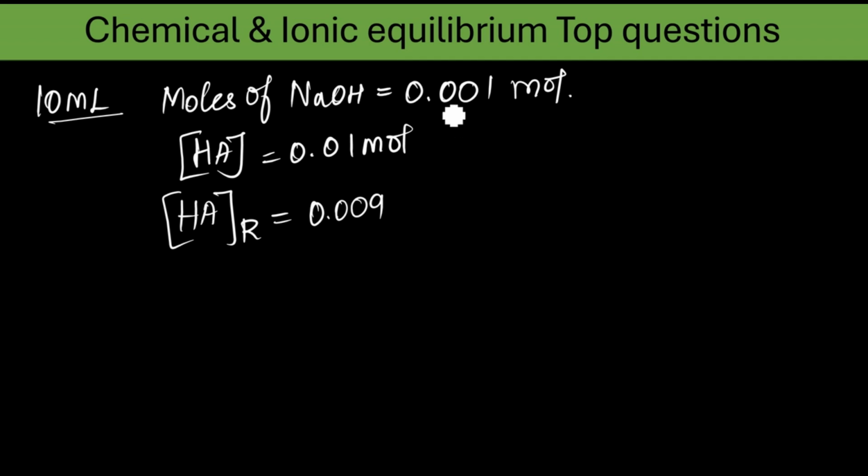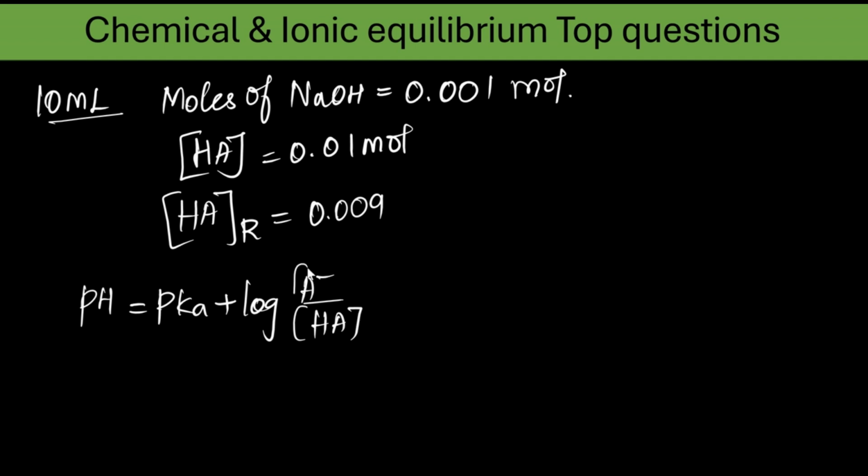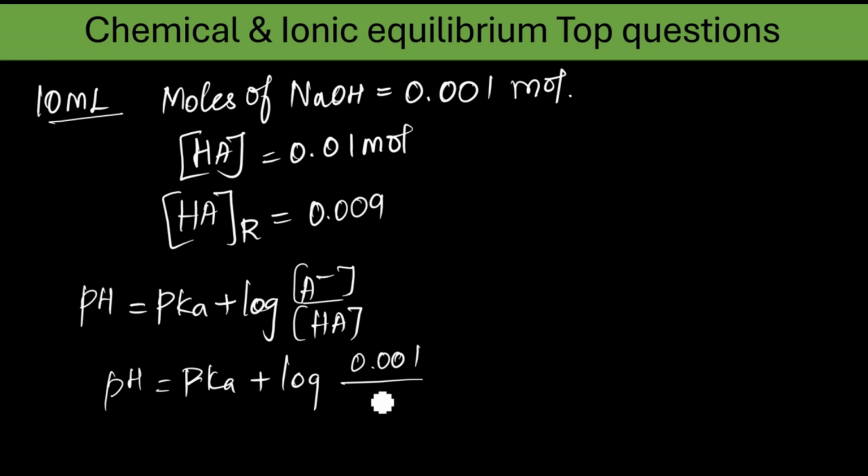Now substitute into the formula: pH is equal to pKa plus log of the A- concentration by the HA concentration. So pH is equal to pKa plus log of 0.001, that is the formed salt, and the HA concentration, that is the remaining 0.009.